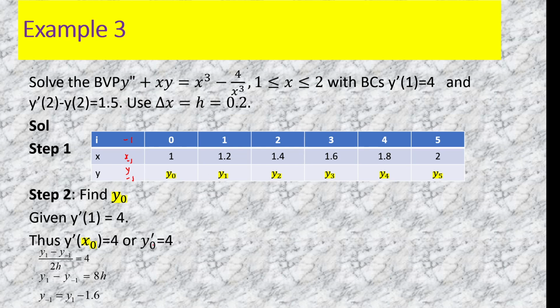So y prime naught, you are standing here. This is a first derivative. y prime looks like the difference of y divided by the difference of x. So using 3-point central, it's y1 minus the point at the back, which is y negative 1, divided by, from y negative 1 up to y0 you have h, from y0 to y1 you have h, so in total divided by 2h.